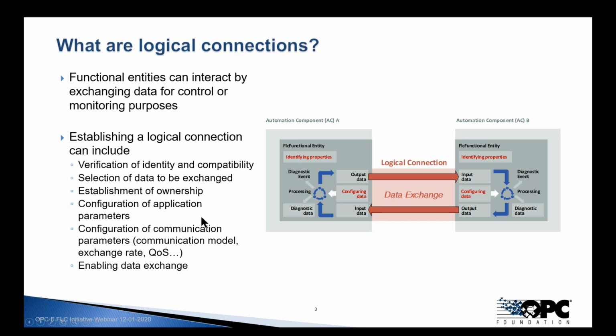We will establish the ownership, that control group Paul talked about a little bit, which is, for example, preventing somebody else from writing the same input data which is part of that logical connection. Or somebody changing the measurement unit of an output data, for example from degrees Celsius to degrees Fahrenheit, which could cause trouble for the one receiving that information.